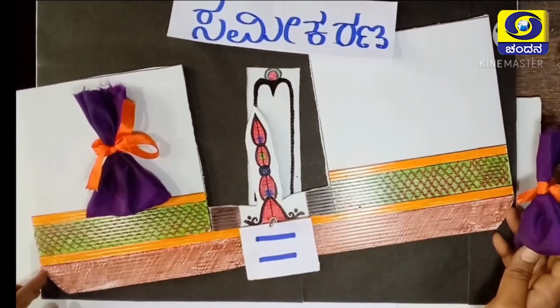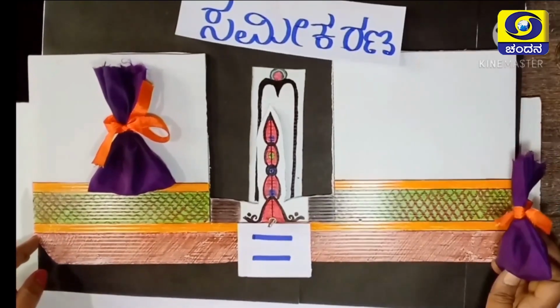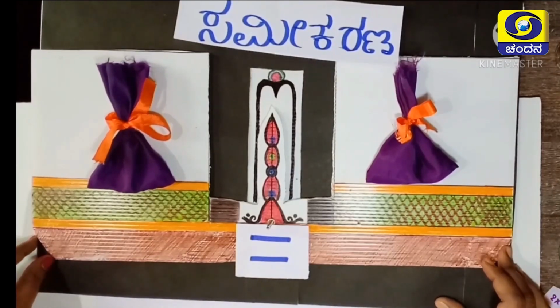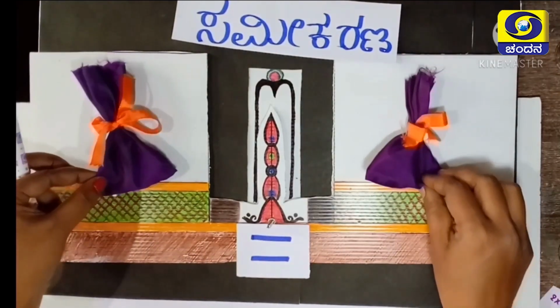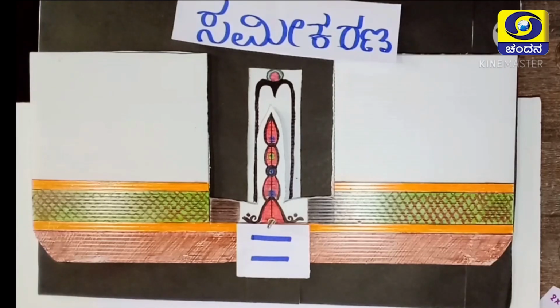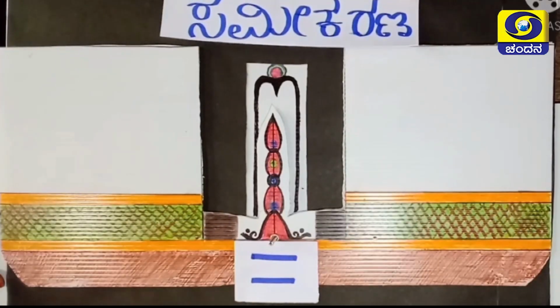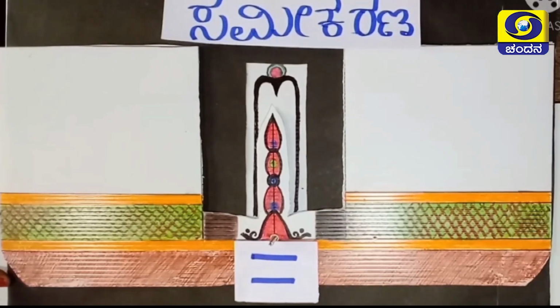If I remove 1x from one side, I will have to remove x from the other side also. Similar to the numbers, even the literals should be added, subtracted or divided on either side of the balance.